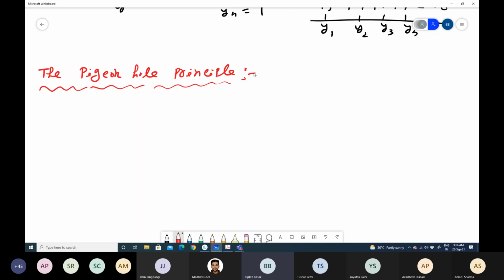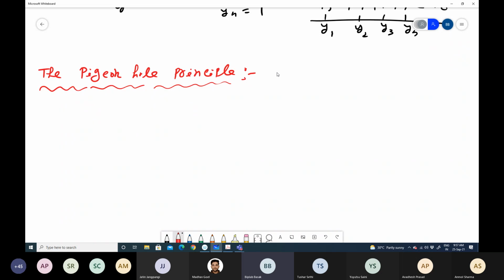You have already, I think, seen what the pigeonhole principle is. The statement is very simple and looks very trivial, but when you apply it to solve a problem, it does not look so trivial.